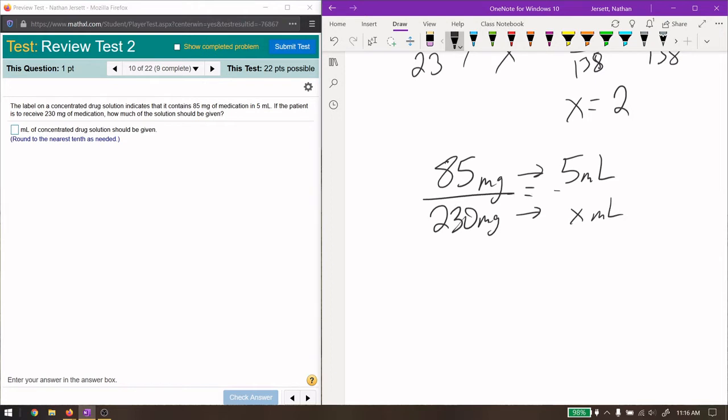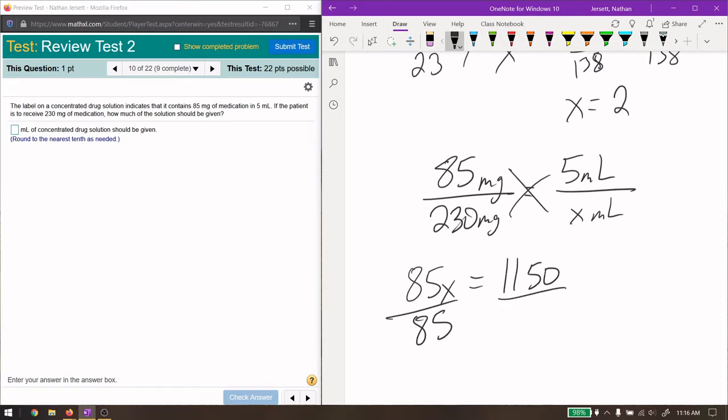And this, you can see, we can write it as a proportion, and we can cross multiply and divide. So you have 85x equals 5 times 230 divided by 85.